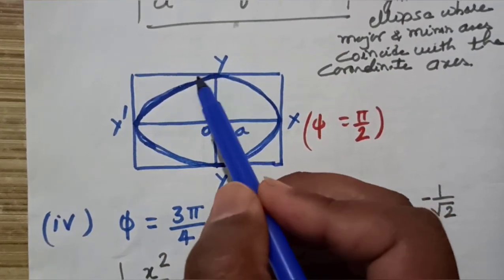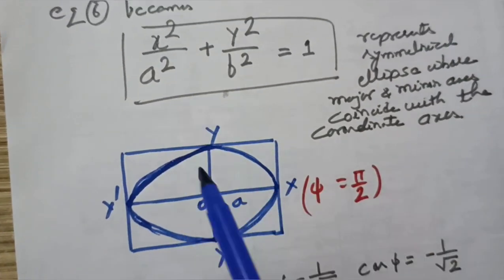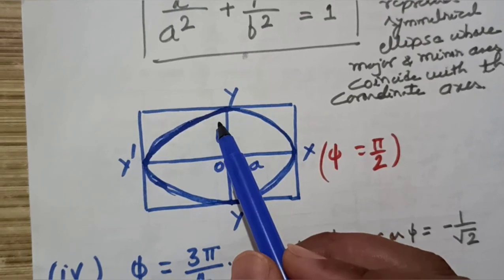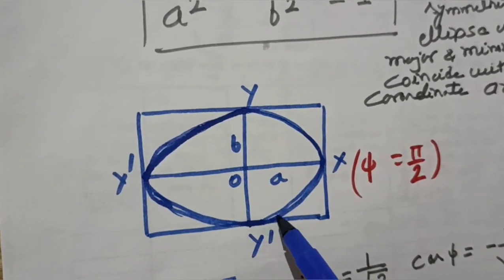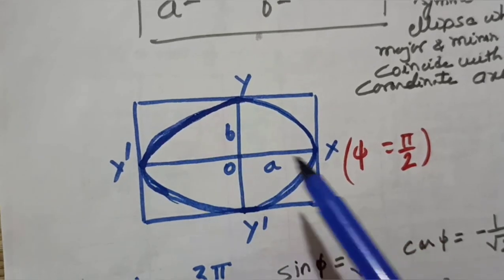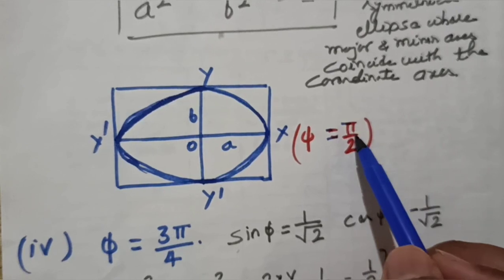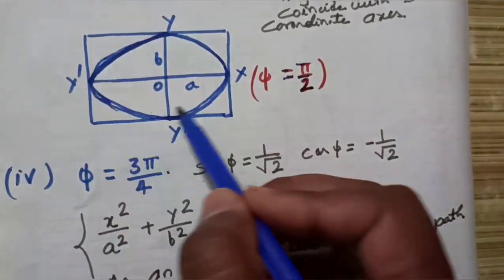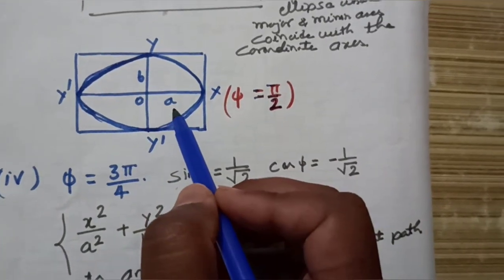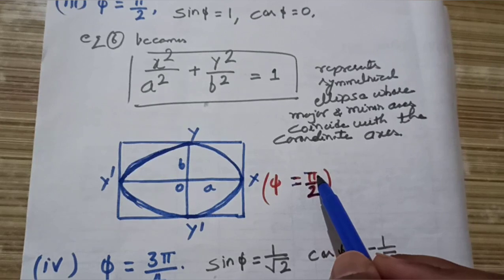This is the proper ellipse, because this is the equation of the ellipse, and here the semi-minor and semi-major axes are coinciding with the coordinate axes. This is for the case when they have the pi by 2 phase difference. This is the proper diagram, or Lissajous figure, which is obtained when the two waves have a phase difference of pi by 2.